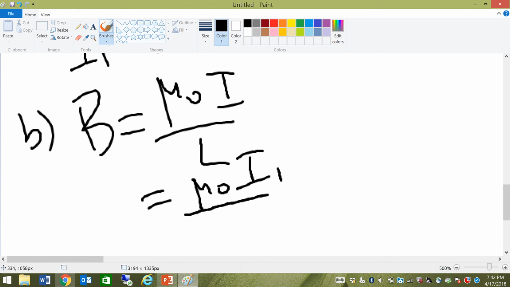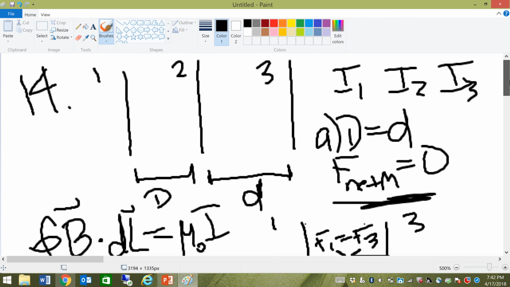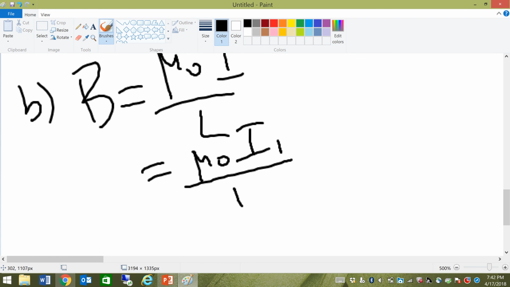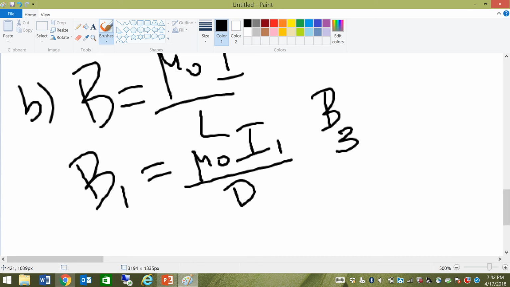So we do know this. Mu naught I1 over capital D, and once again, we can just take a sneak peek at our first diagram. It's over capital D, the magnetic field for I1, and for the magnetic field for B3, it should be mu naught, and let me substitute 3 and mu naught I3, because it says I1 is equal to 3I3.